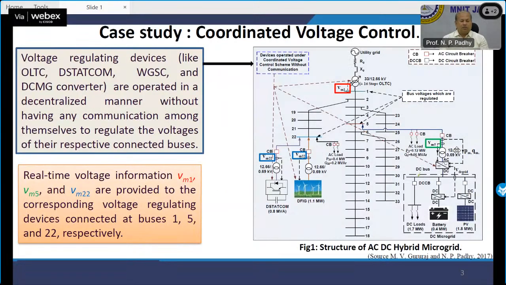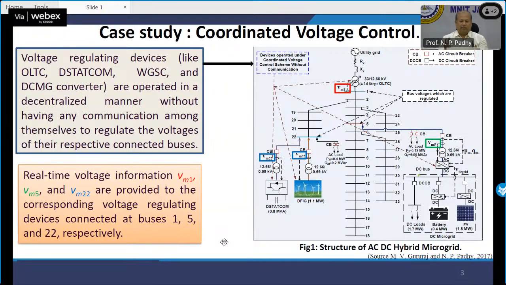So this is one of the systems which is a true microgrid to me, and you can check this diagram in an article by Gururaj and myself in 2017, in IEEE Transactions on Industrial Informatics, where we have taken a 33 bus distribution system, and it is a pseudo microgrid, meaning we have created microgrids at a particular bus, and we have created renewable generations at some other place.